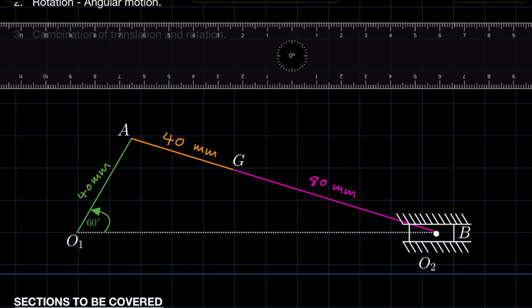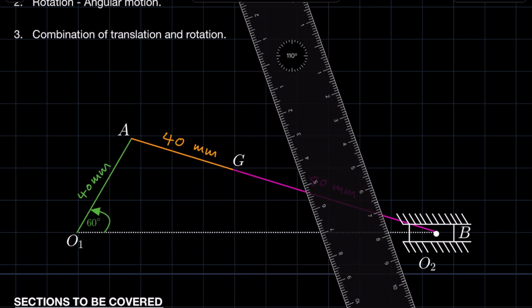So we analyze what the velocities of these links are relative to each other when the crank is at 60 degrees from the x-axis. Taking that into consideration, when determining the tangential velocity of crank OA, that crank must make 90 degrees with the line that you're going to draw that represents the tangential velocity.